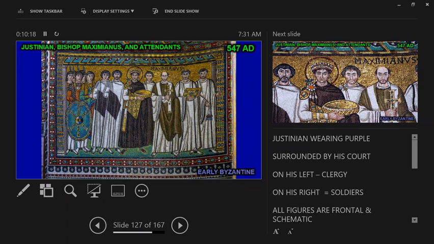And he is surrounded by his court. On his left, our right, is the clergy. These are men of priesthood. One is holding a cross, one is holding the Bible, and the other one is holding incense.